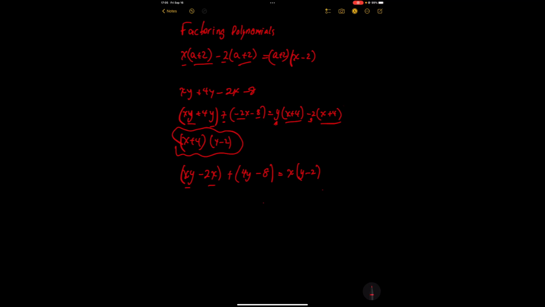And in this part, we have 4 in common, so 4 times y - 2. And so what would that be equal to? We have y - 2 on both sides, so that'll be (y - 2) times (x + 4). Same answer, but remember, it can be written either way. So basically, I could have written this one that way, and it's the same thing.